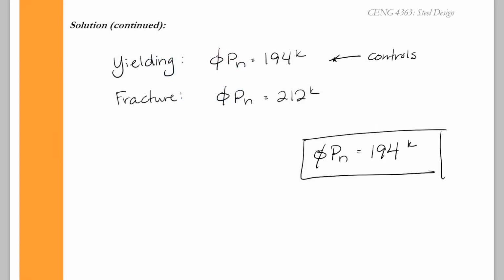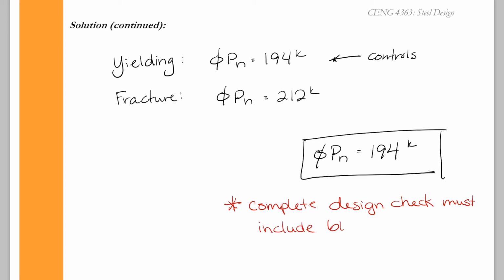It's also very important to mention that this is not all the limit states we must consider. So we will be learning another limit state called block shear. So a complete design check must include block shear, which was not done in this example.